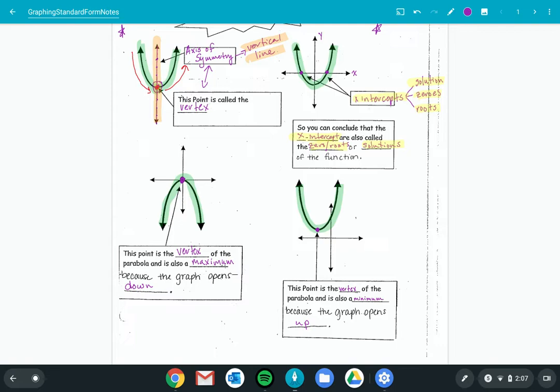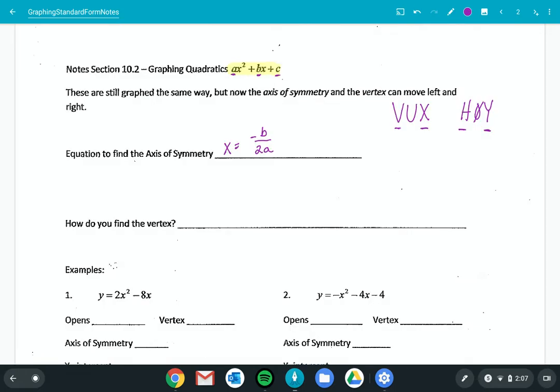So that's the nice relationship between the axis of symmetry and the vertex. The axis of symmetry in particular is the same as the x value of your vertex.